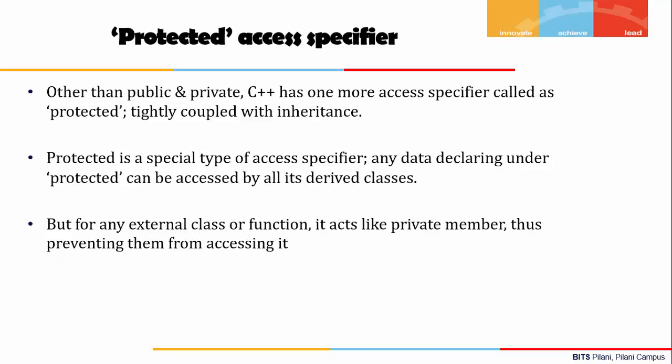For any external class or function, protected acts like a private member, thus preventing them from accessing it. Only the derived class can access the functions or members.